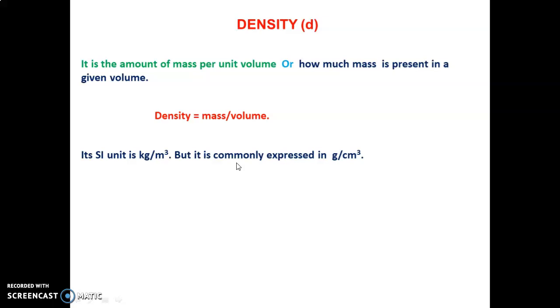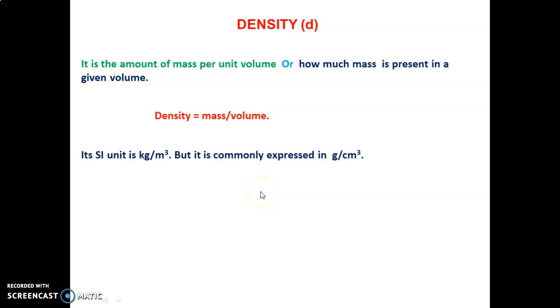Then total mass divided by total volume gives the density of the material. Density has many applications, but here we are not going to discuss that. Just remember the definition, the mathematical expression, that is mass by volume, and the unit also.